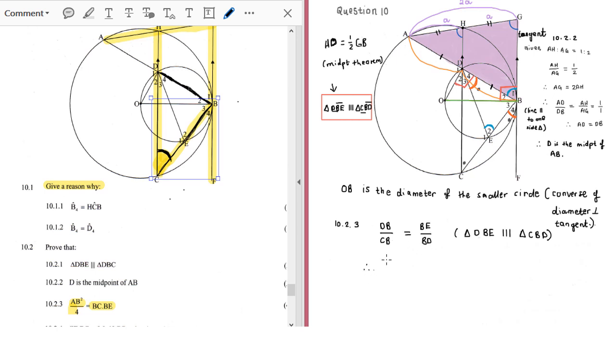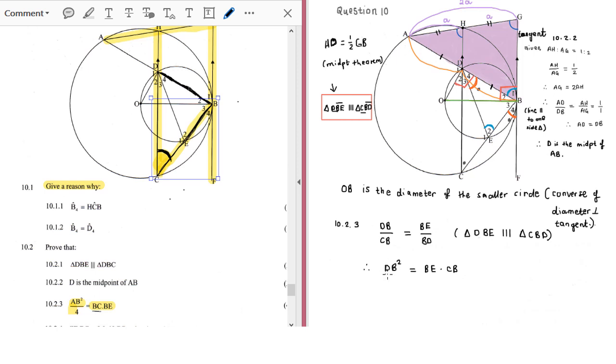So therefore, if we cross multiply, we'll get DB squared equals BE times CB. Now notice that CB and BC is exactly the same thing. We just swapped the lettering around.